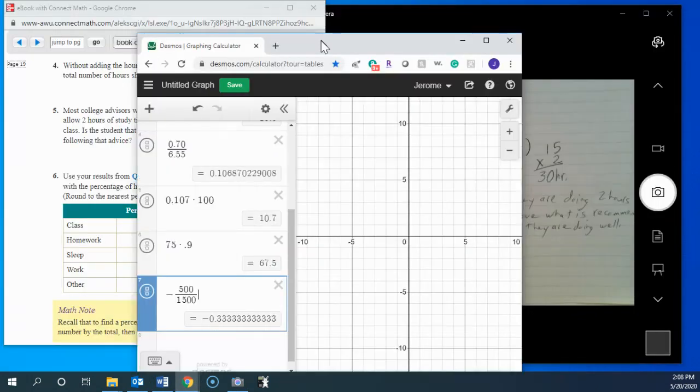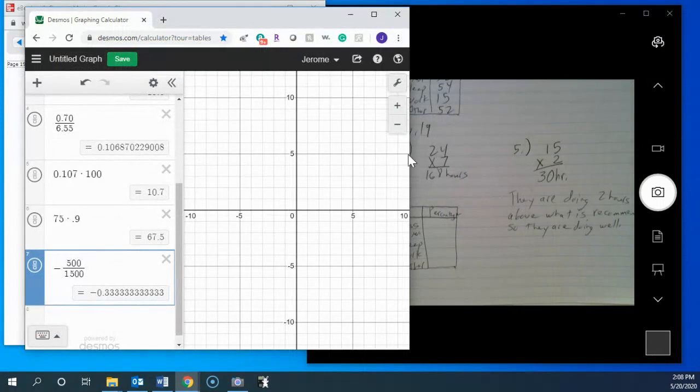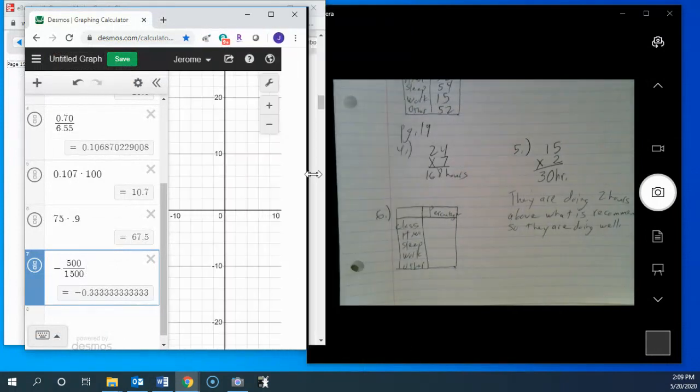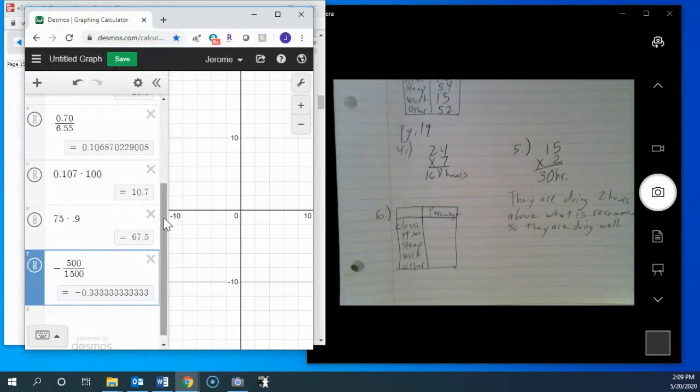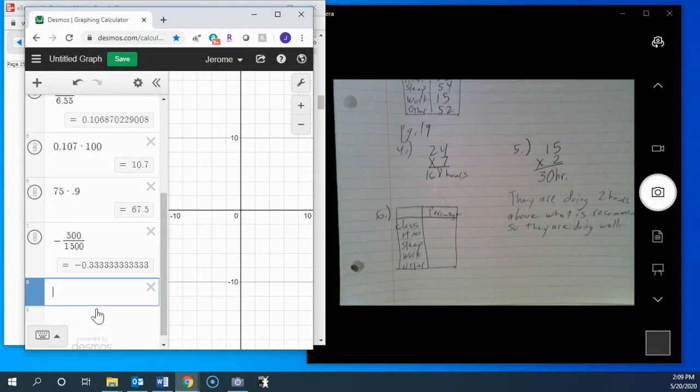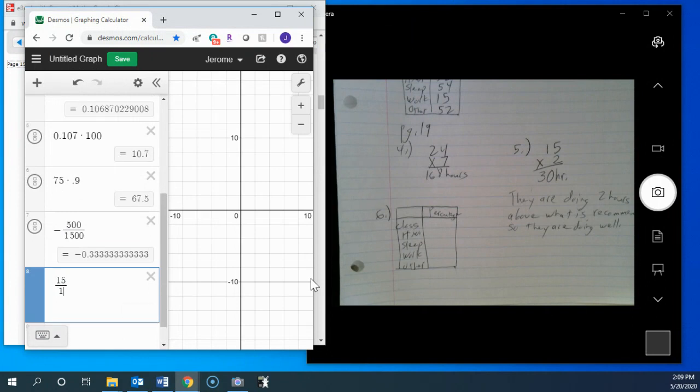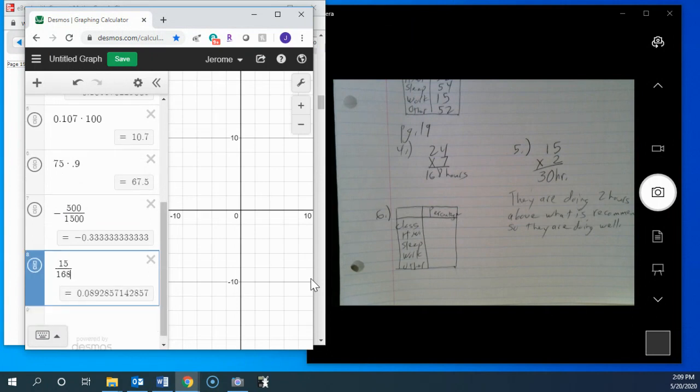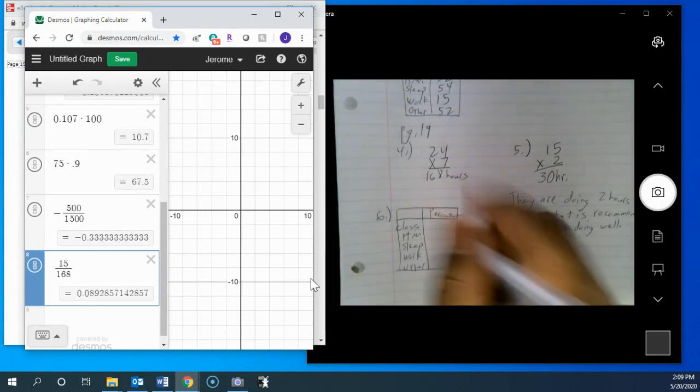Let me move it over here. I think it'll be better over here. Okay. So, in putting this in our calculator, we have 15 divided by 168. Then we're going to round this to the nearest whole percent. So that'll be 9%.